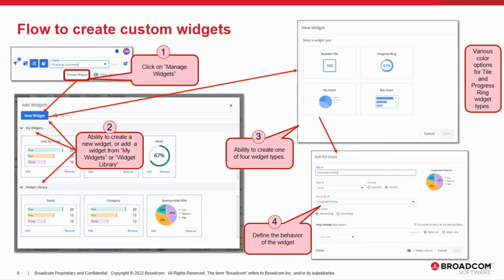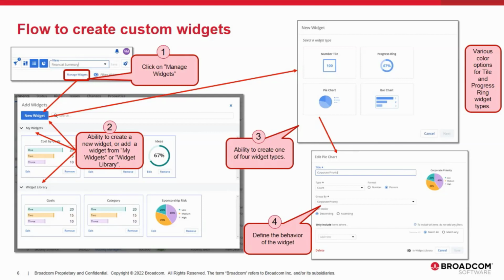If the user does not want to use either one of those two existing widgets, then they can click on the New Widget, which will then take them to the screen that allows them to pick which widget type they want to create. By default, most of the places the user will see 4 widget types: the number tile, progress ring, pie chart, and bar chart.